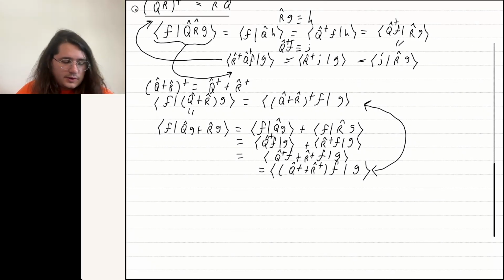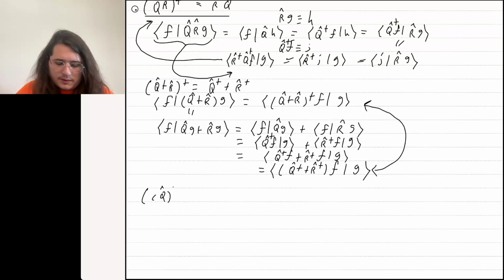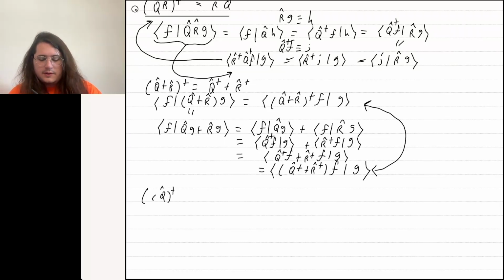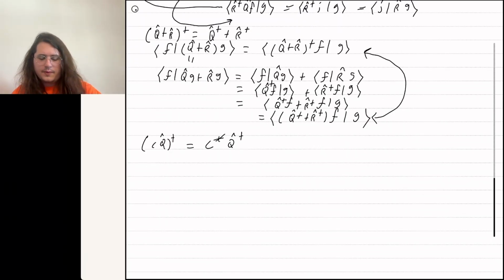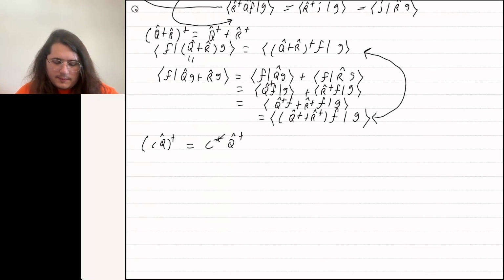We also need to show that if you take the Hermitian conjugate of CQ, where C is a complex number, then you get C star Q dagger. This may seem obvious, but I'll do it anyway.